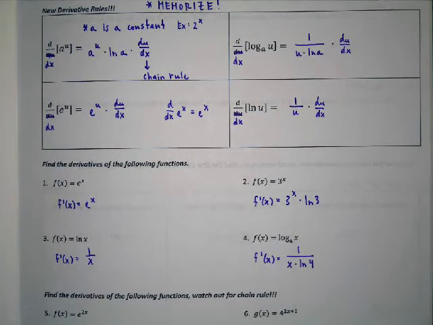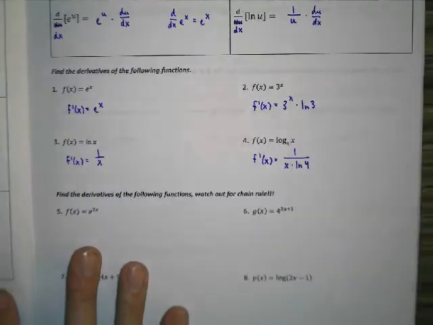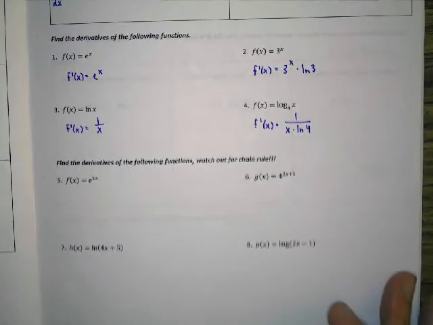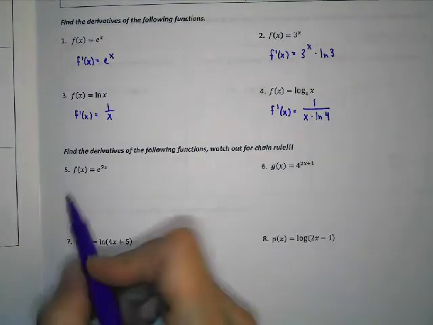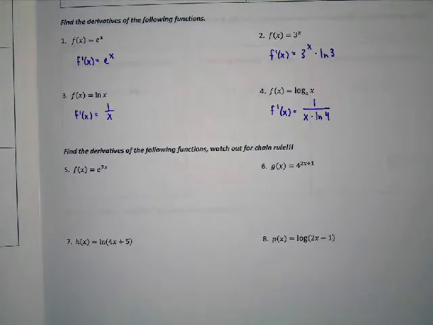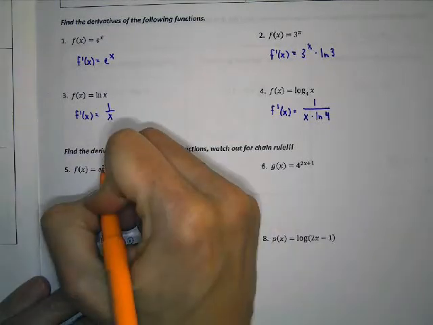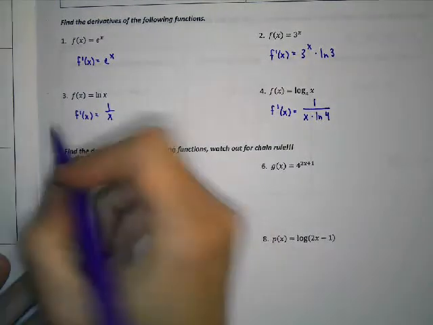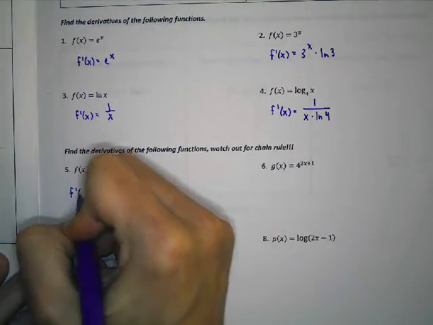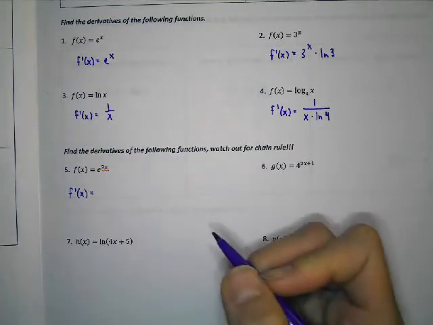That, however, is going to change with this next set of examples. Our derivative rules are going to be the same, but now we have to account for the chain rule. Number 5 is f of x equals e to the 2x. Again, this 2x is what's going to trigger that chain rule. For the first part, I just take my normal derivative.